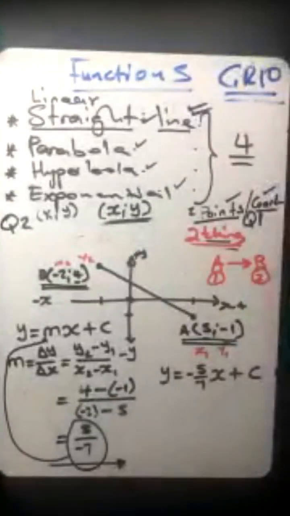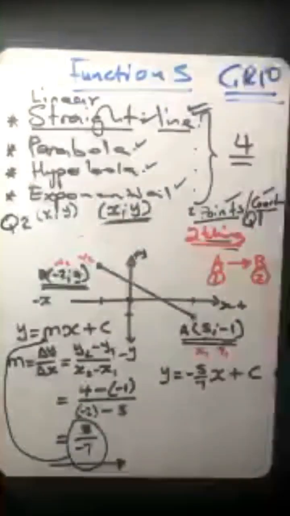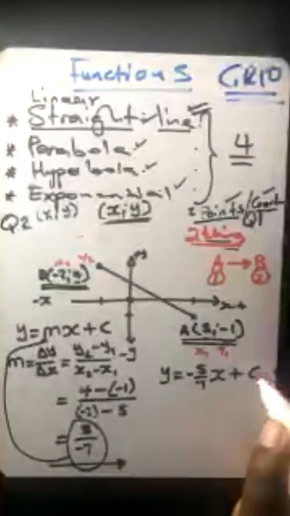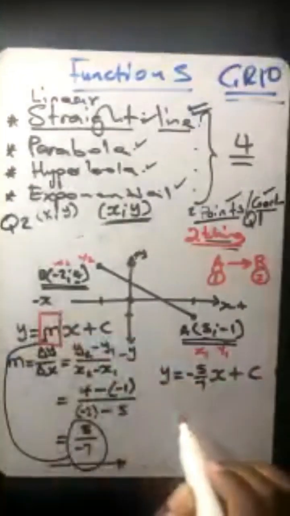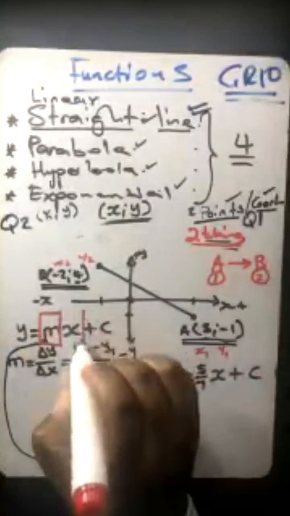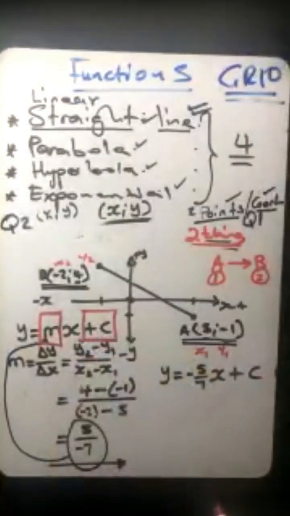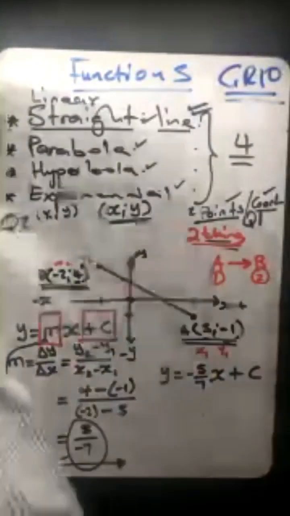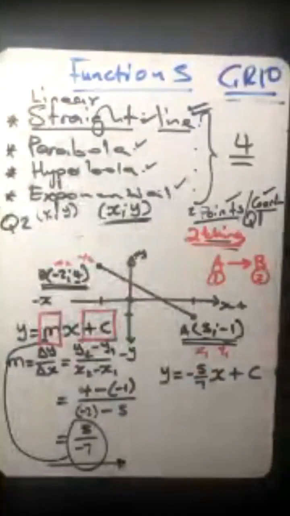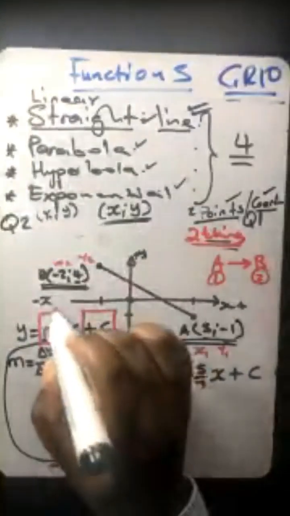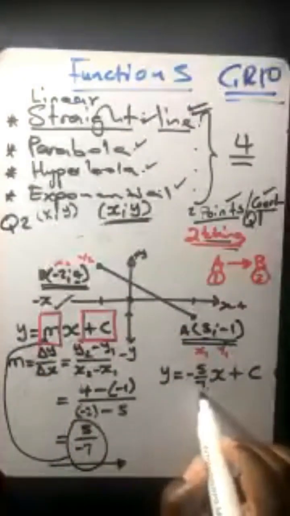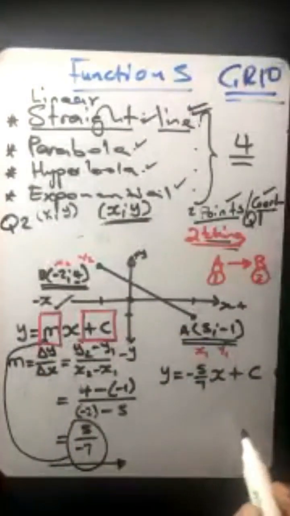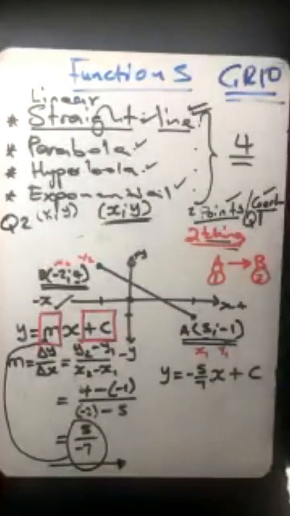I just want you to be aware that when you determine an equation of a straight line, they just want you to give the gradient and the c value. That's all. Can you see that we've actually determined the gradient? That's why we substituted it there. So now what's missing is c.